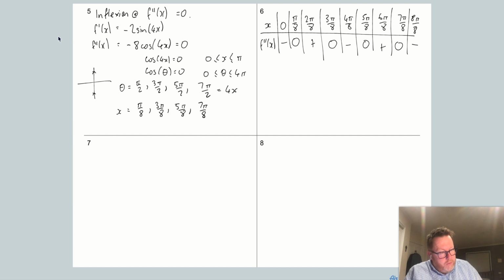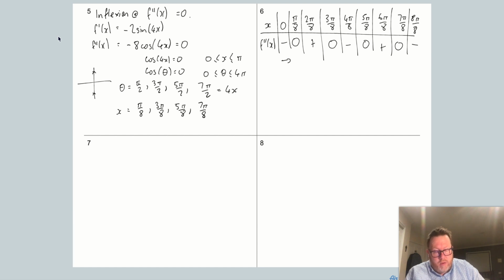And so you can see that between 0 and pi on 8, we've got a negative value for f double dash of x. And because there's no turning point between them, it can only have one direction. It can either be concave up or concave down. And we know that for concave down, f double dash of x is negative, right?